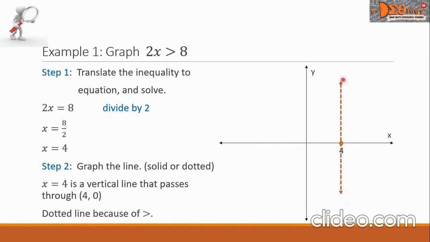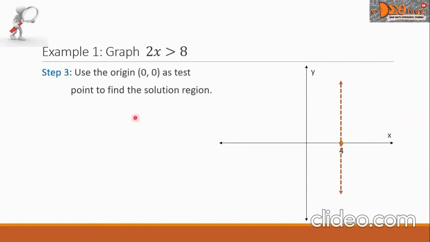When we draw the line, we are dividing the space of the rectangular coordinate system into two regions. One is on the right of this line, and it's here. The other region is on the left side of the line. Now, let us have step 3.